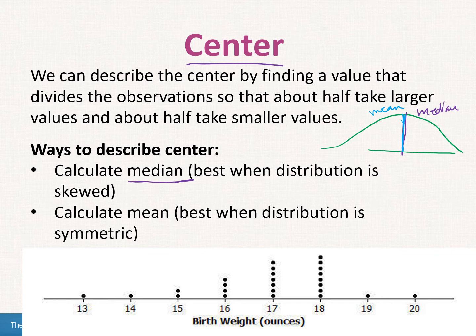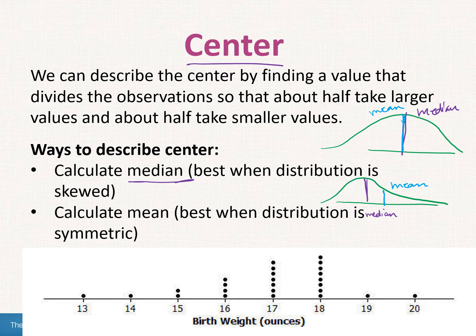But if I have a skewed distribution, so let's say I've got something right skewed, so there's extra data on the right. The median is not as affected. It might be a little bit to the right, but the mean will always follow the direction of the skew. It's heavily influenced by the skew.